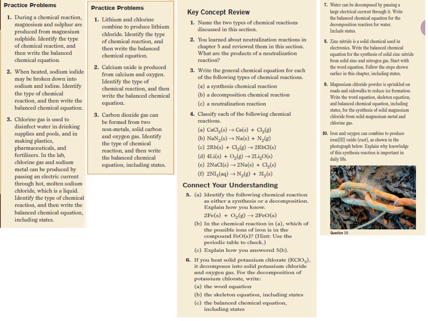As part of your homework, you can attempt these practice problems here from one of your textbooks. There will be some worksheets that are posted online and also handed out in class, and you can attempt those. You want to be able to identify the different types of reactions as being either synthesis, decomposition, or combustion, and if they're combustion, can you identify them as being incomplete or complete?